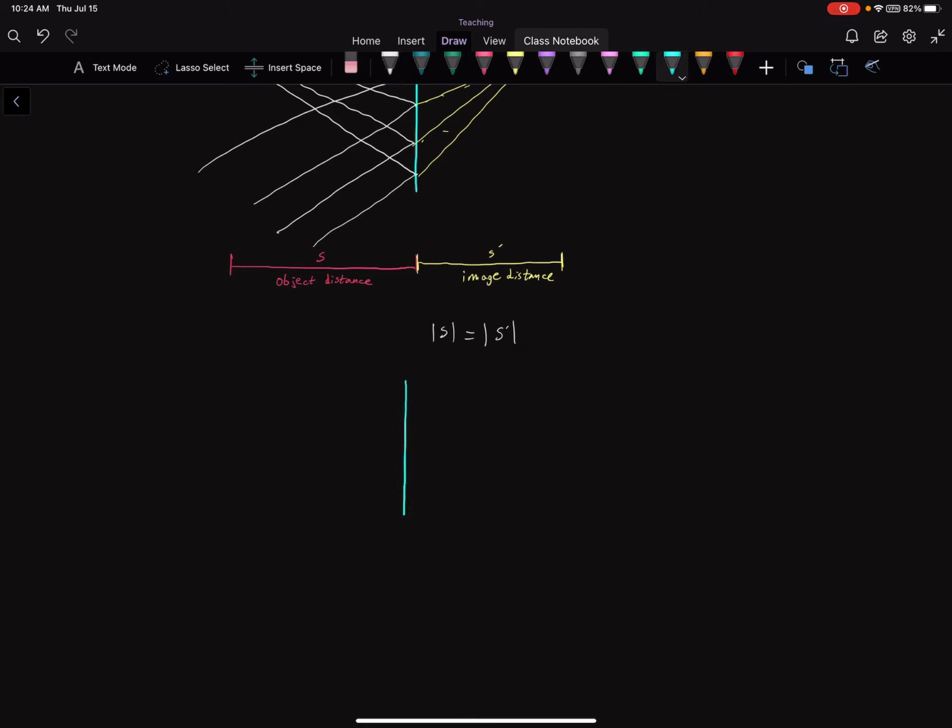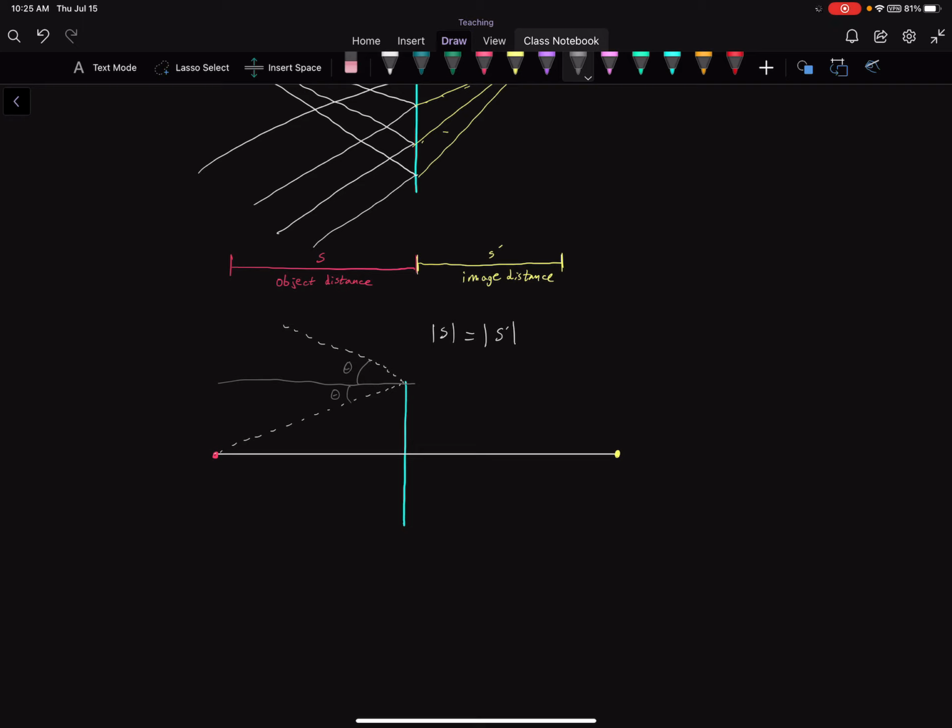So we have our mirror here, and we have the point object here, and we have the image back here, and supposing those are the same length, we have this, and it's going to reflect like that, and again we have the same angle going on here, right?